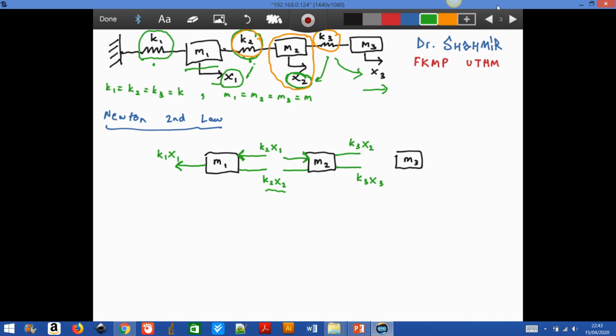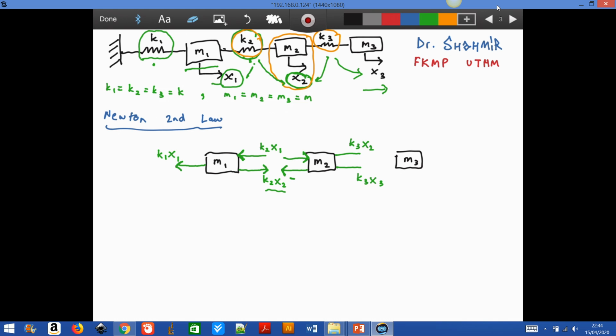Since the mass is moving to the right, the reaction for K2x2 will always be opposite to the direction of the mass, and it's going to the left. So if it's going to the left for mass 1, it will be opposite for mass 2.